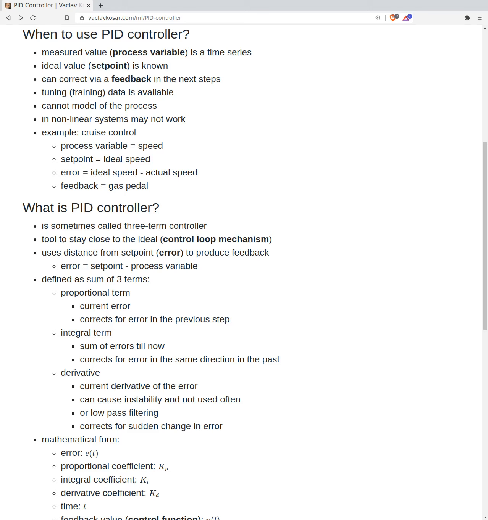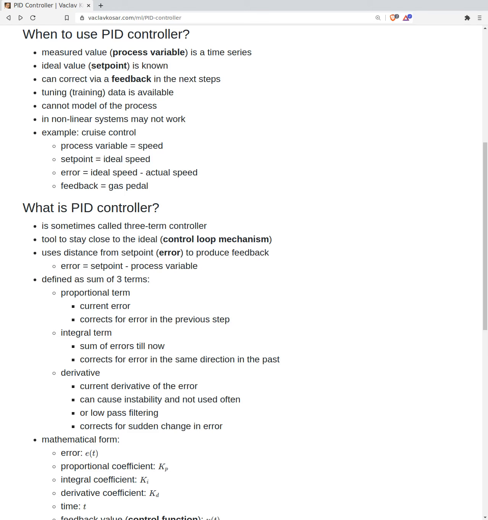There are three parameters, three coefficients that we need to tune based on training data. I will describe that shortly, but some training data is required. And we usually use PID control when we cannot model or predict the process, when we have no other mechanisms to predict the future from the past values.